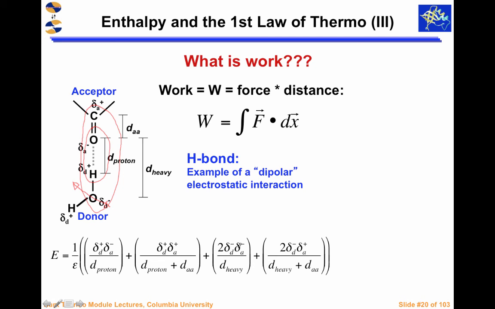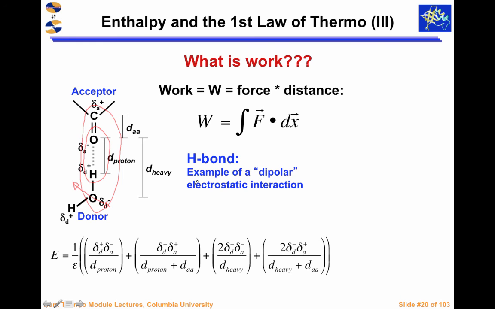And then we would have the electrostatic interaction, where the D heavy distance is this distance. So we're looking at the electrostatic interaction of the negatively charged donor atom and the negatively charged oxygen atom bound to the hydrogen.